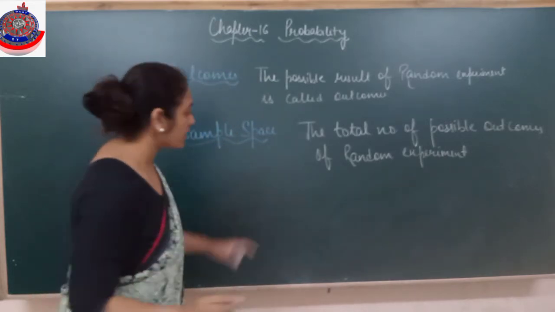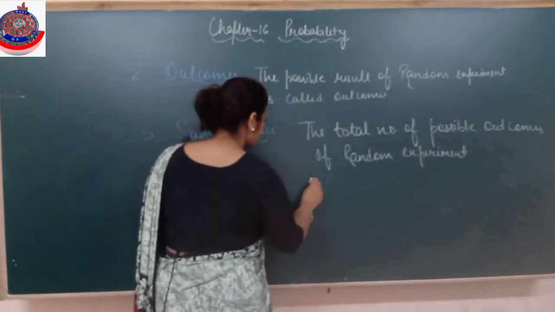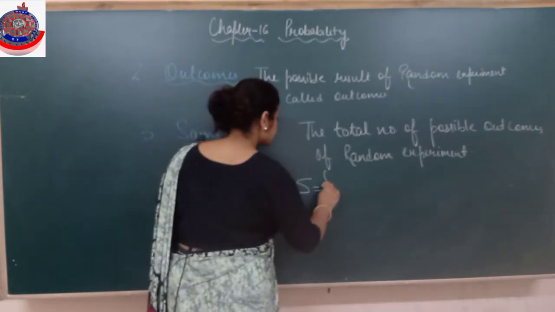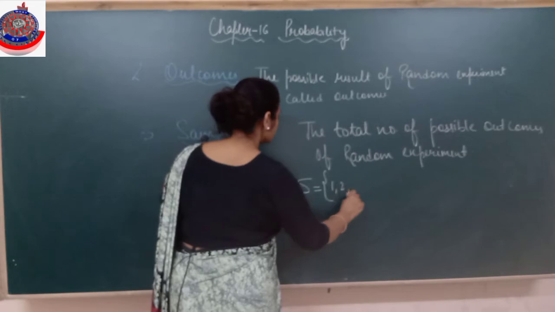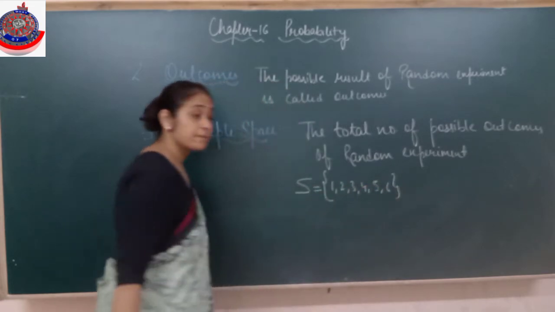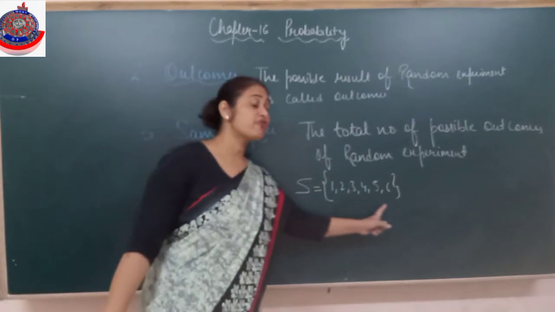Total number of possible outcomes. When I say I throw a die, my sample space is denoted by S. It is a set of 1, 2, 3, 4, 5 and 6. Is it clear? Sample space is total number of possible outcomes.